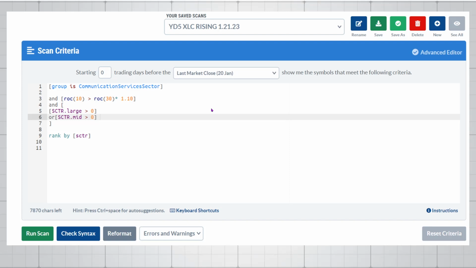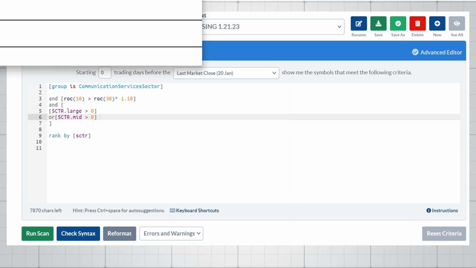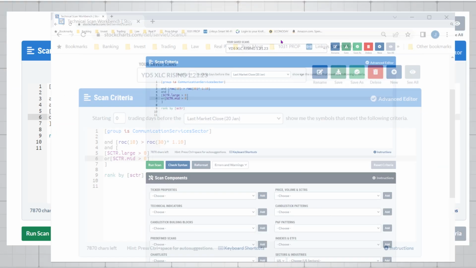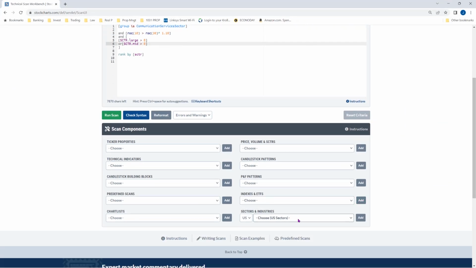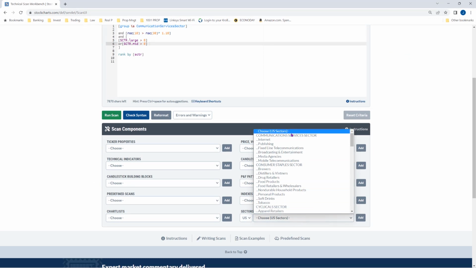Also, I would point out that you can do this group scan not only on sectors, all the sectors you could put in there, or you can also do it by industry groups. So you could narrow it down into small elements of the market with the same concept, but doing industry groups instead of sectors. We could cover that real quick, where you can do that here through using the different sectors.